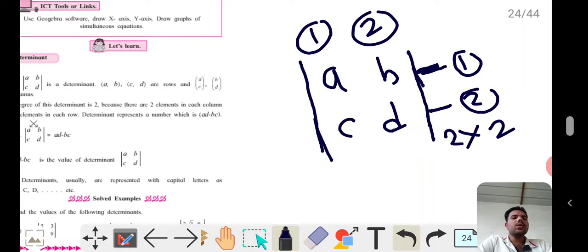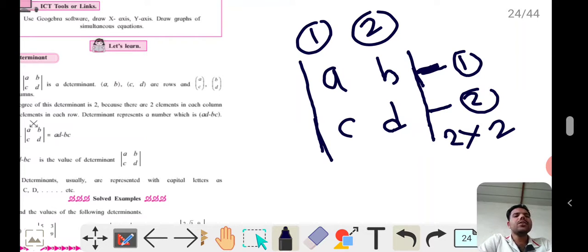Let's see the row values. The row values include a comma b, so we call a comma b the first row value, and the second row value is c comma d.